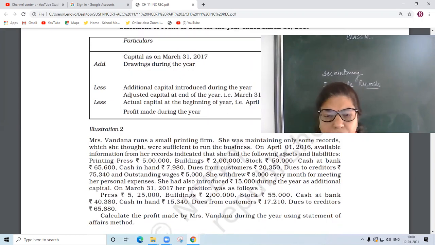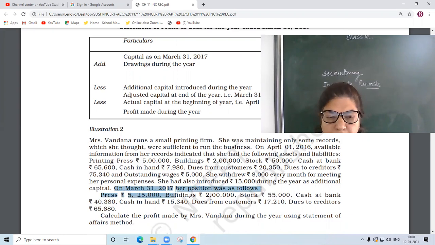Before starting, I told you this is a different question from that one because here opening capital as on 1st April is not given. We have to make a statement of affairs.